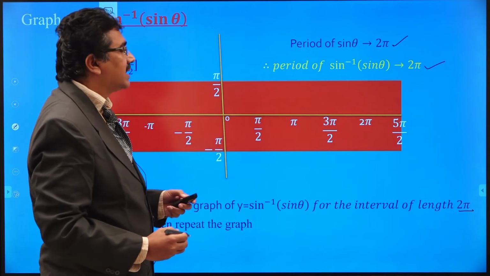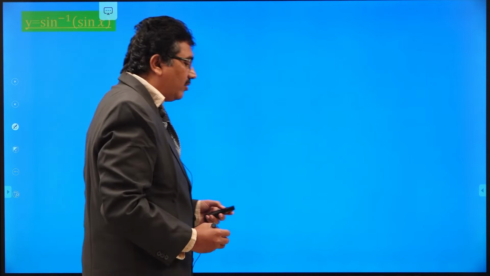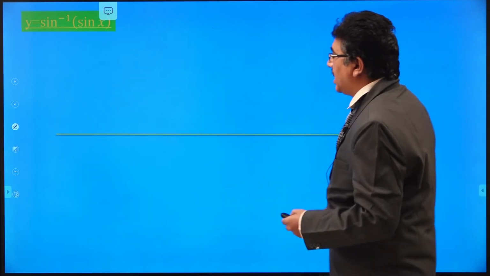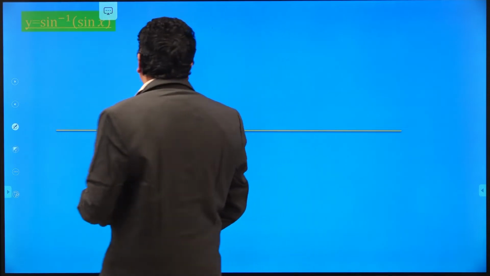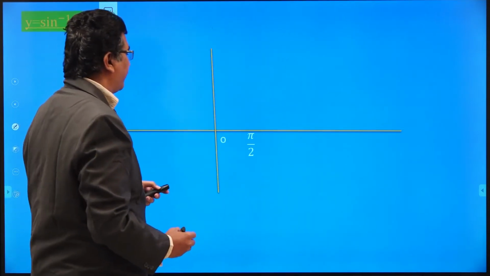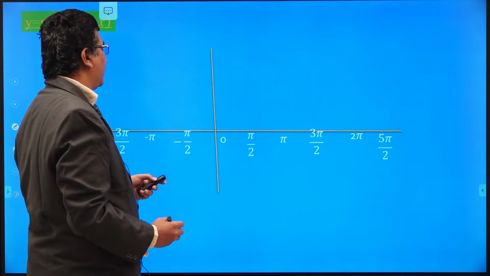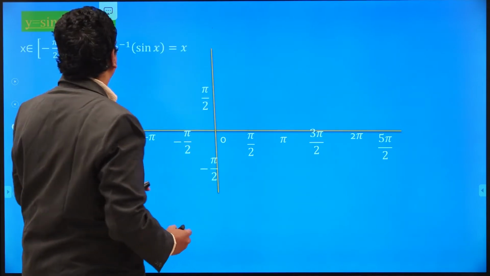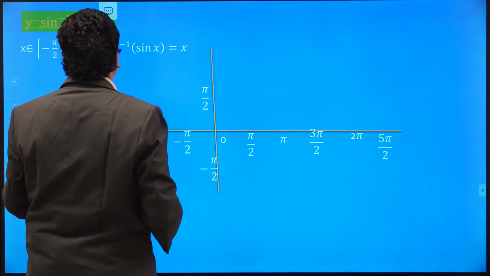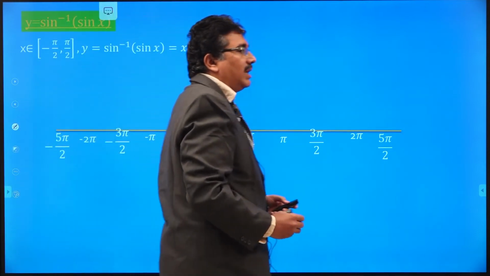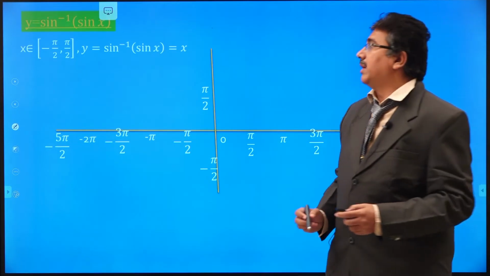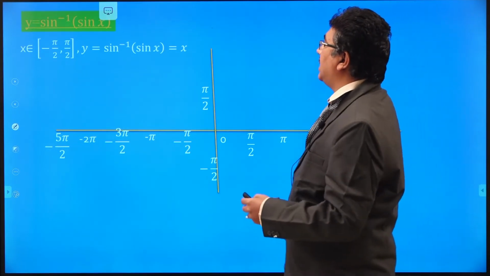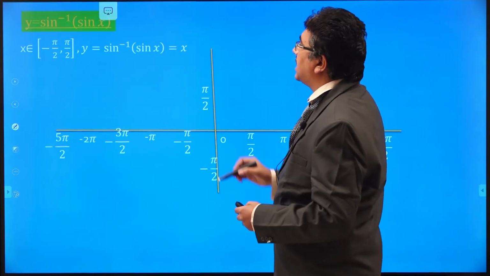Now see the graph of y is equal to sine inverse of sine x. Take the domain values on the x-axis, range values on the y-axis. If x belongs to the closed interval minus pi by 2 comma pi by 2, y is equal to sine inverse of sine x.